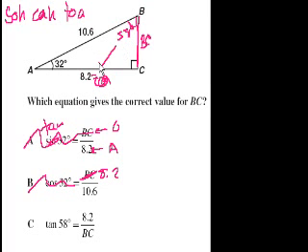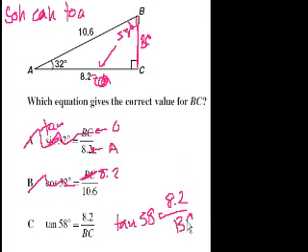So the tangent of 58 should be equal to the opposite side, 8.2, over its adjacent side, BC. BC was opposite the other angle, but it is adjacent to this angle. So that's what they wrote. So choice C is correct.